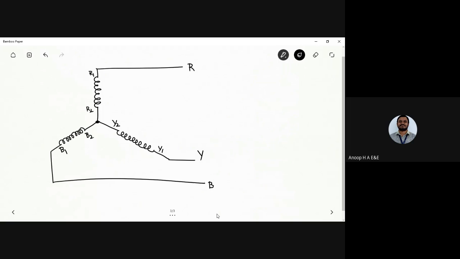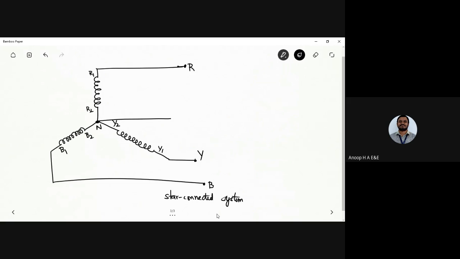This common point is called N. These are the terminals of the three-phase system. Now this is a star connected system.